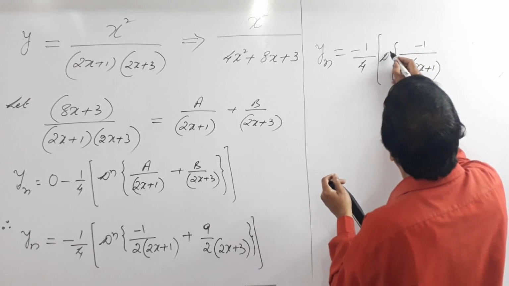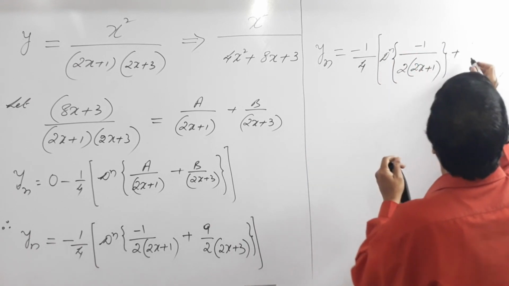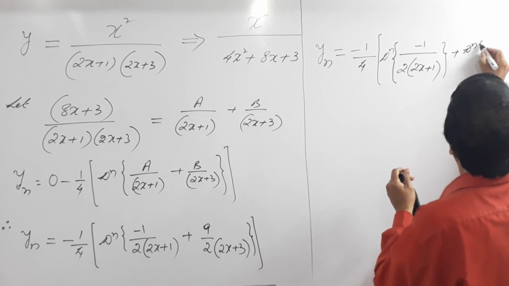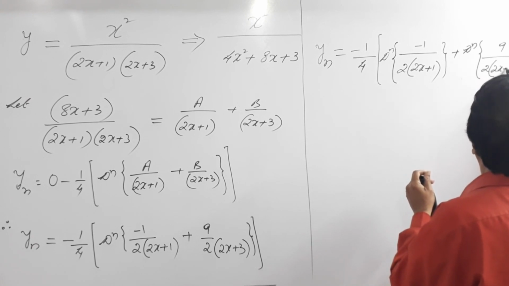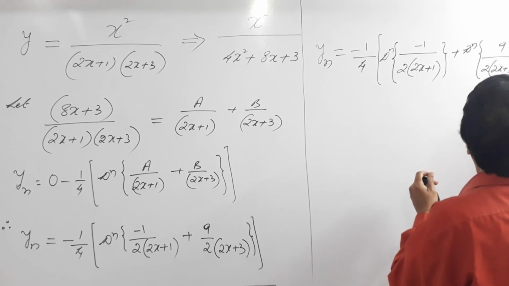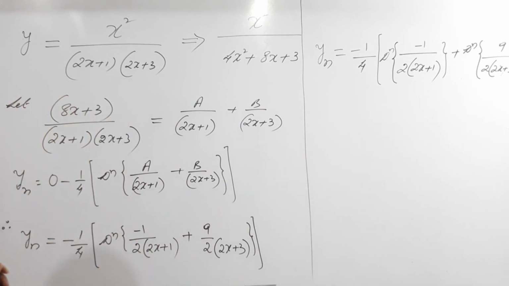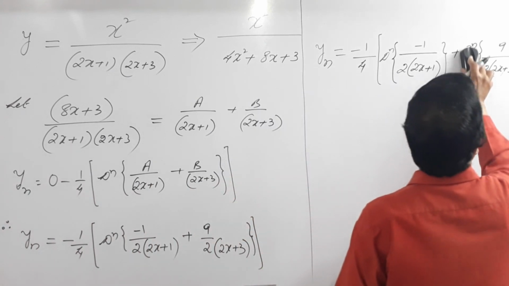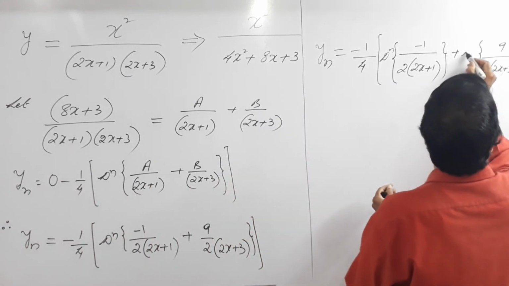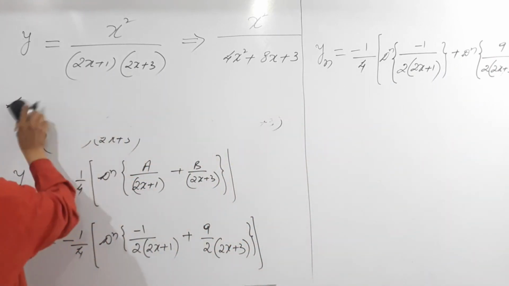This is dn of, plus dn of 9 by 2 into (2x plus 3). This d I will write properly. I rub all this now, it is not required.